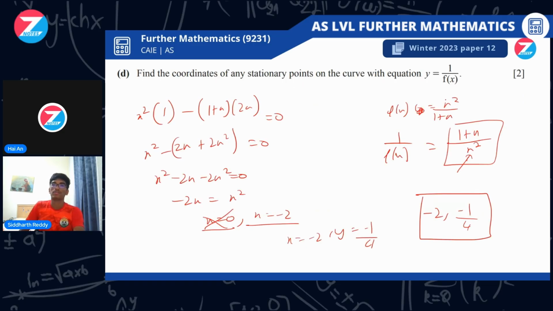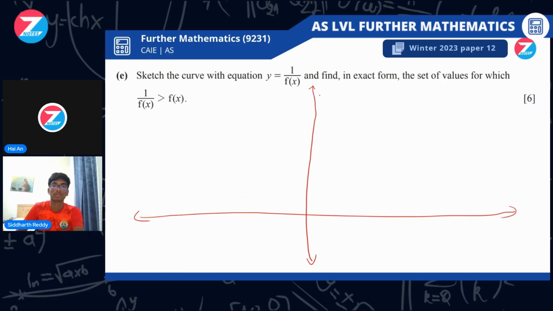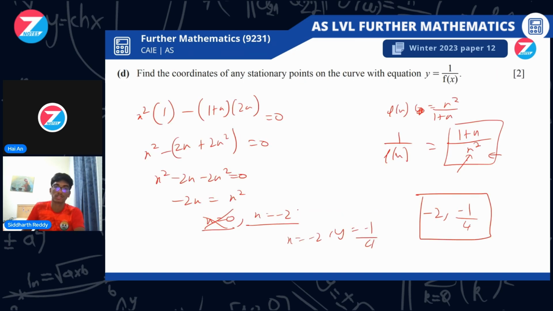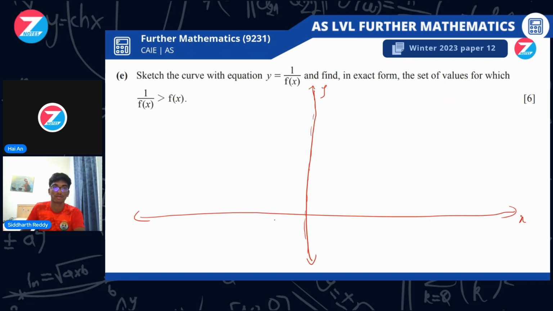Now from this part, we had the graph over here, it's obvious that x is equal to 0 is going to be an asymptote, right? So there's going to be a vertical asymptote at x is equal to 0. And they gave one stationary point as minus 2 comma minus 1 by 4. So somewhere over here.